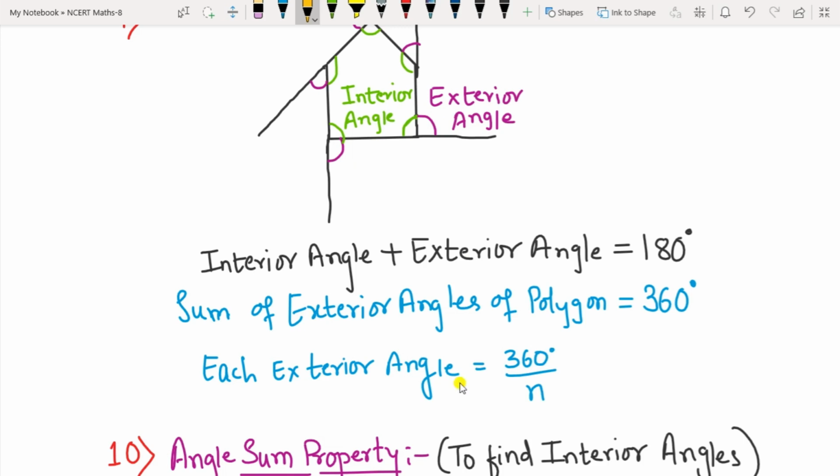So you will get each exterior angle. So these are two formulas here. For the sum of the exterior angles, the total should be 360. And each exterior angle, if you want to find, divide 360 by the number of sides of that figure.